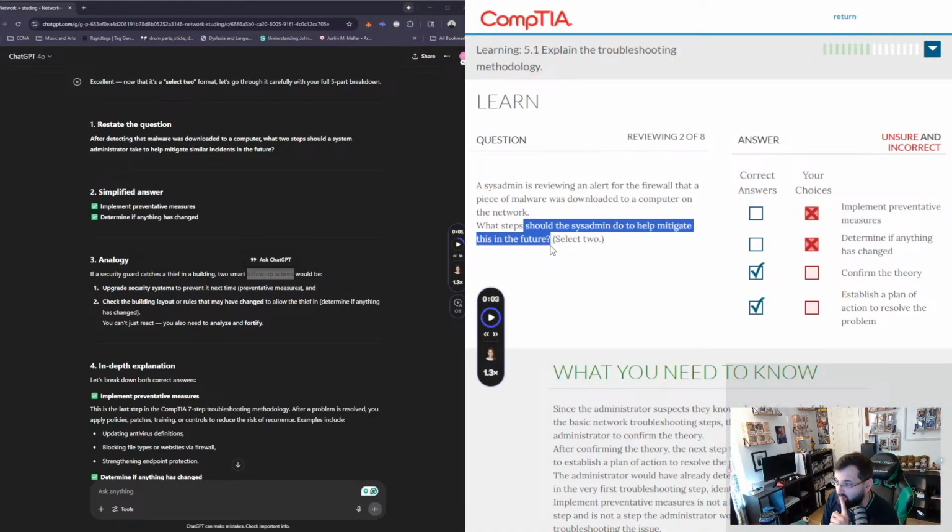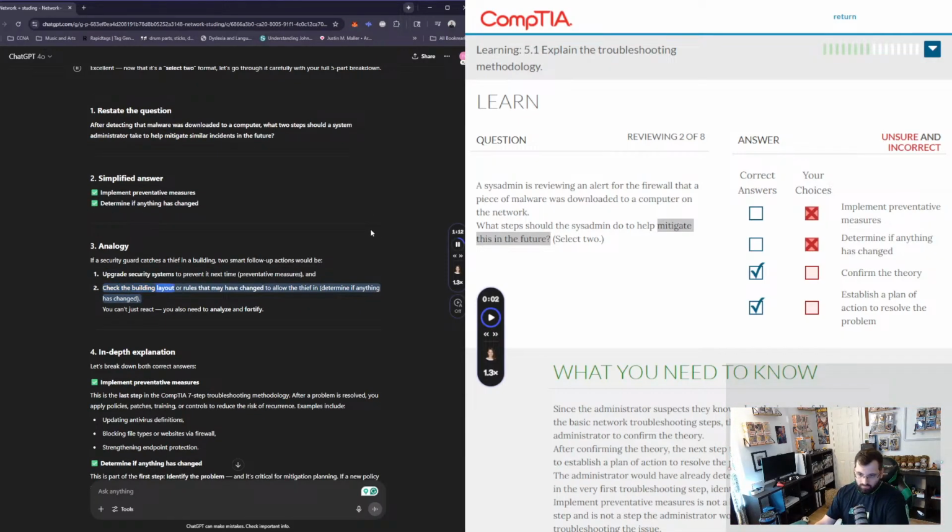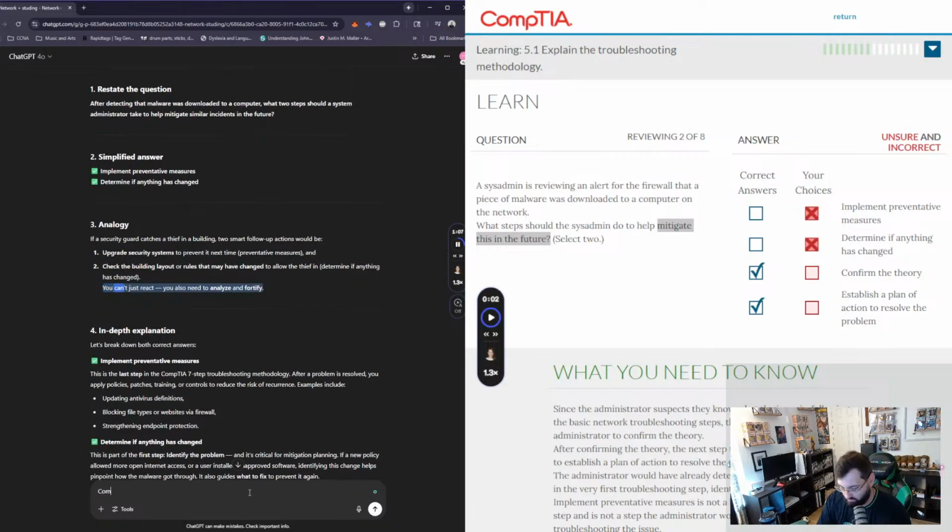So it does say that. Yeah, to mitigate it into the future, so that would be considered a follow-up action. And check the building layout or rules that may have changed to allow the thief in: determine if anything has changed. You can't just react. You also need to analyze and fortify.